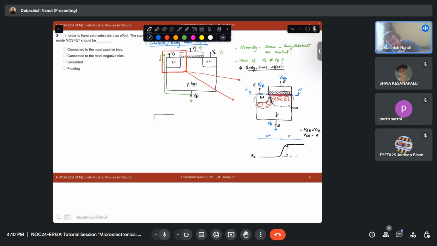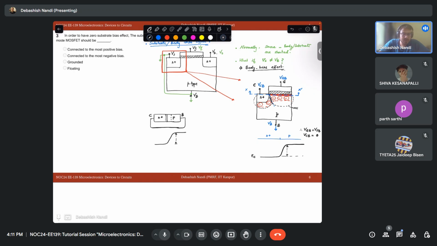The question is basically, you have an N plus P junction. This is your C, this is your B. Both of them are shorted, so you are drawing the band diagram like this. What is this voltage? Anyone?